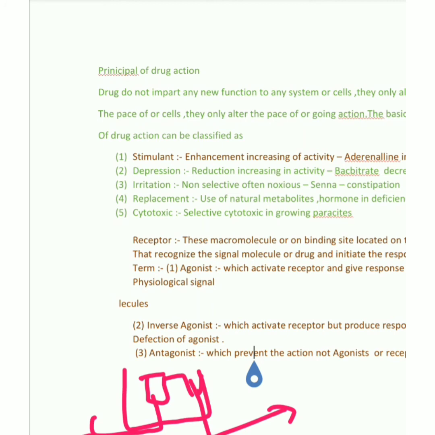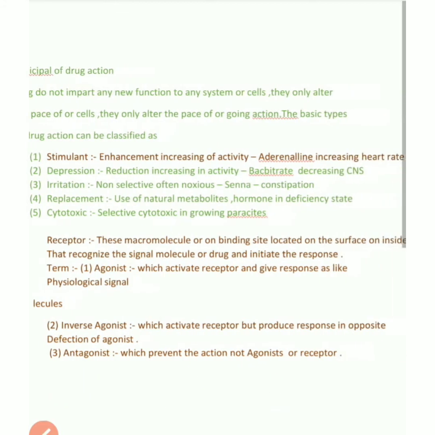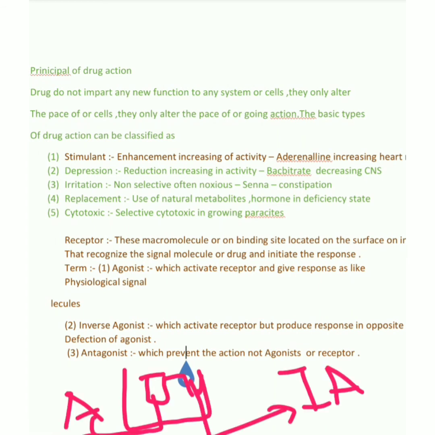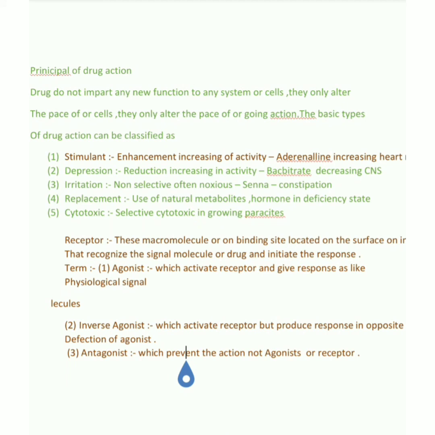This is the agonist, and this is the inverse agonist, friends. They produce this kind of response. And next is the antagonist, which prevents the action of agonists or receptors.